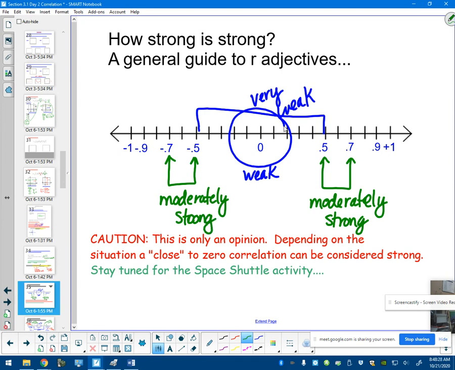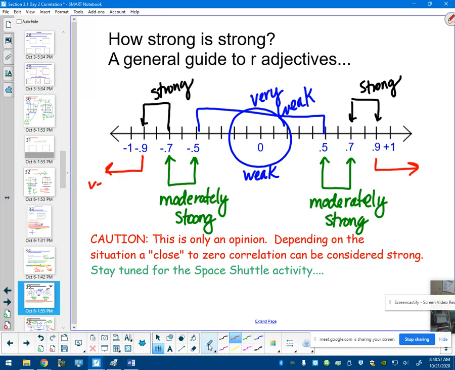And then from -0.7 to -0.9, I'd call that strong. Same thing up here. So here would be the strong. And thus, anything above 0.9 and higher, or -0.9 and lower, this would be my very strong.